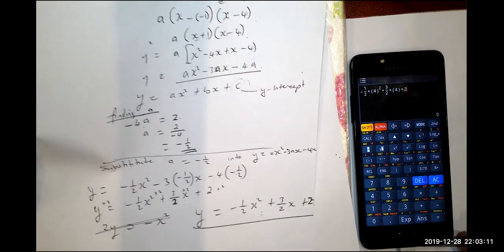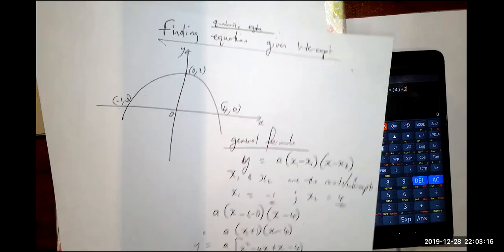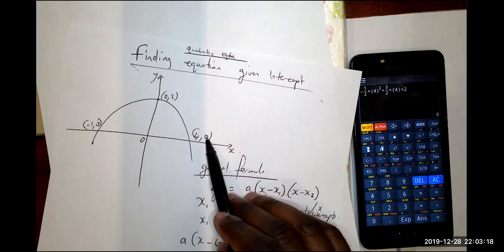We get a 0. So that shows that your equation is right, because when you put 4, you must get a corresponding 0.